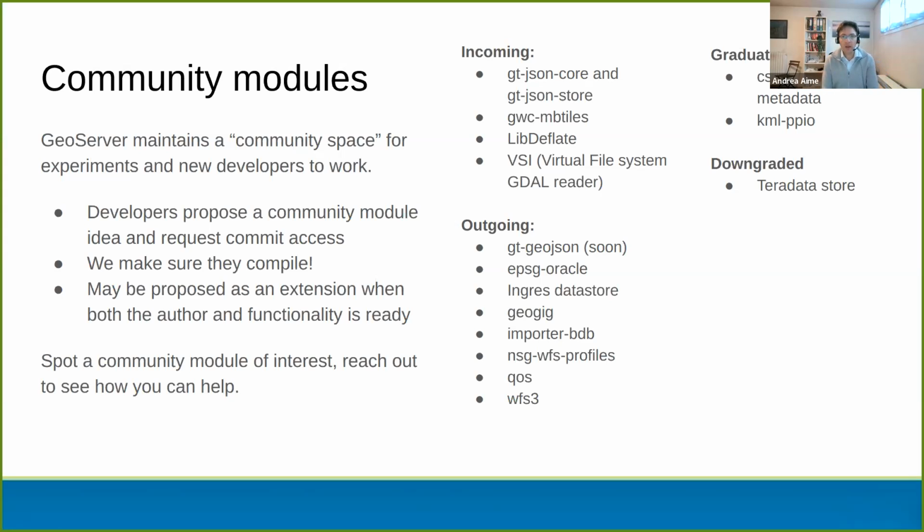As you can see, we have quite a bit of movement. This year, we have been looking at a few modules, like a new JSON support in GeoTools, but also MBTiles for GWC, and libdeflate, a module that speeds up the decoding and encoding of deflate compressed GeoTIFFs and so on. But we also see a fair amount of modules that are no longer maintained or no longer of interest, and they are dropped.